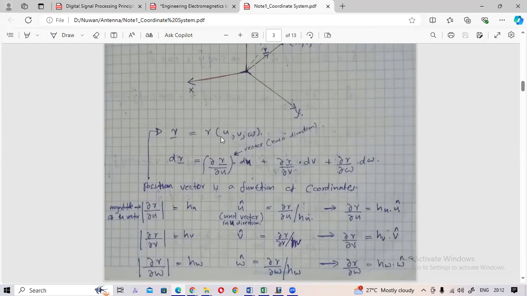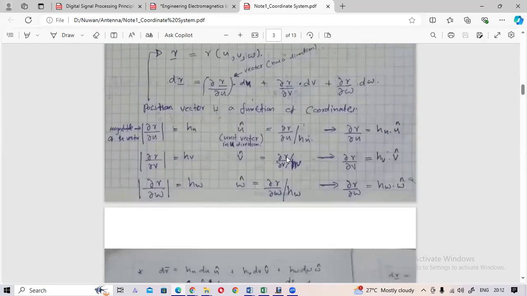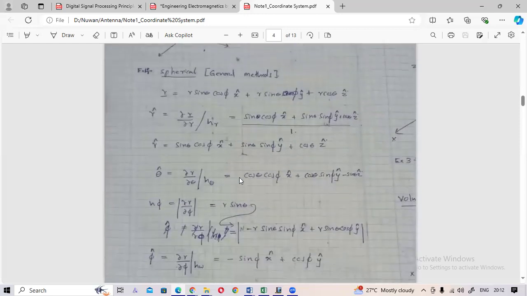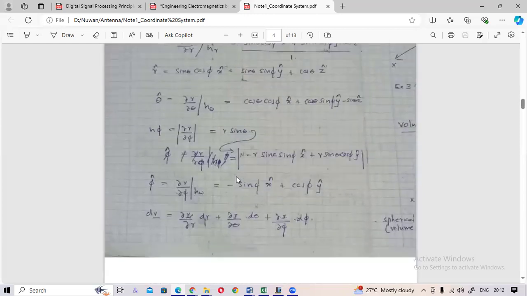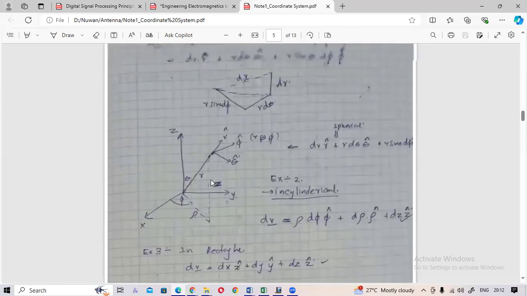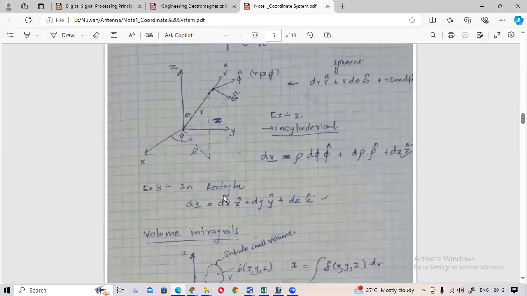In rectangular coordinates, U is identical to X, V means Y, W means Z. These are the general terms for position vectors, and using this position vector we can get other position vectors. For example, this is the position vector in cylindrical coordinates.